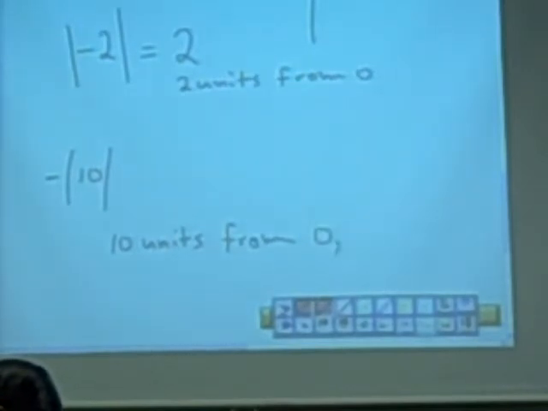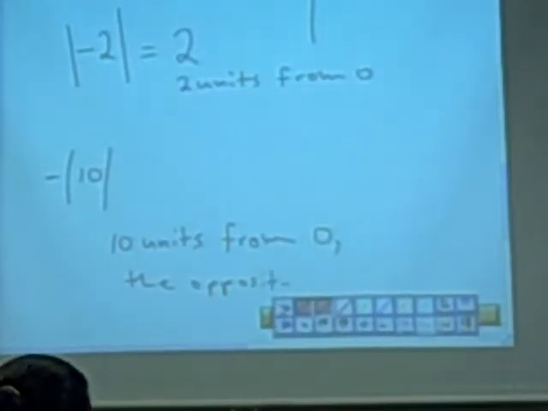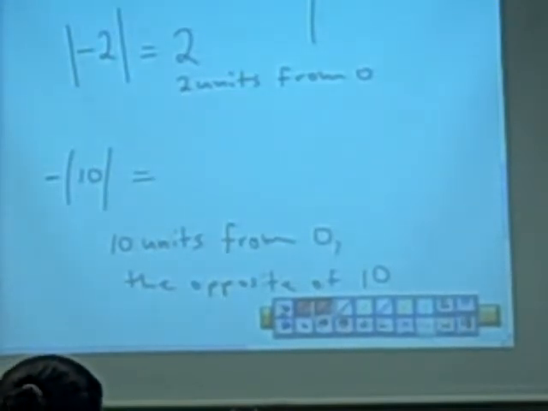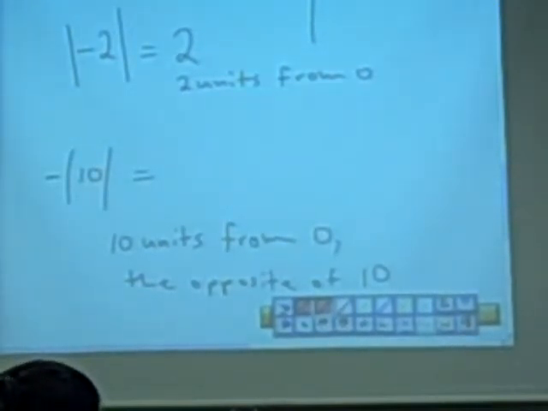But we're also saying the opposite of 10. So we're saying 10 units from 0, but now we're putting the opposite to that, and that makes it negative 10.